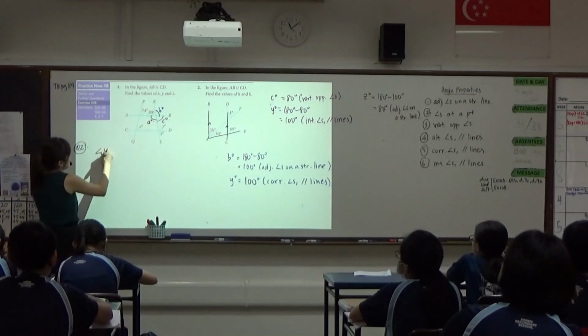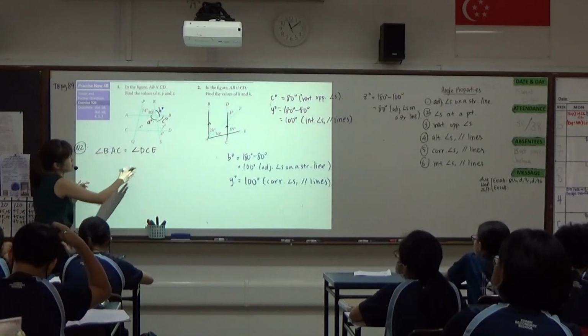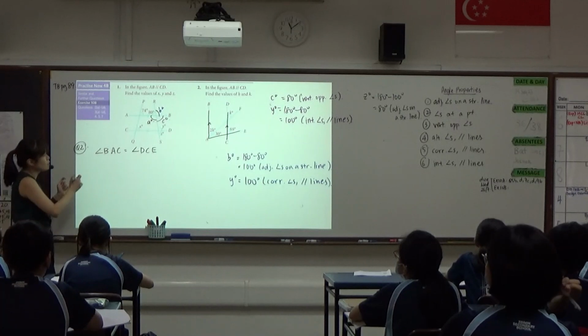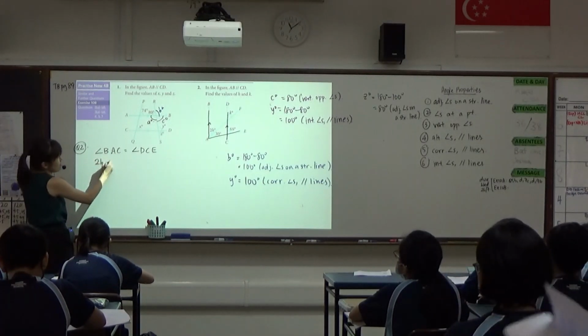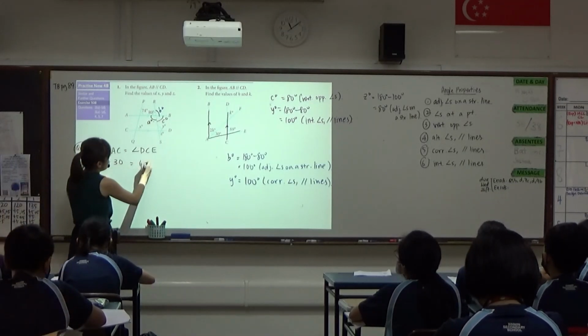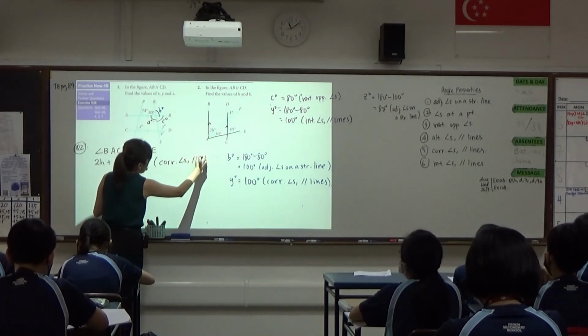Identify the correct pair of corresponding angles. Stating this is helpful, but you can also jump straight to tell me that angle BAC equals 2h plus 30, equals 69, using your corresponding angles, parallel line property.